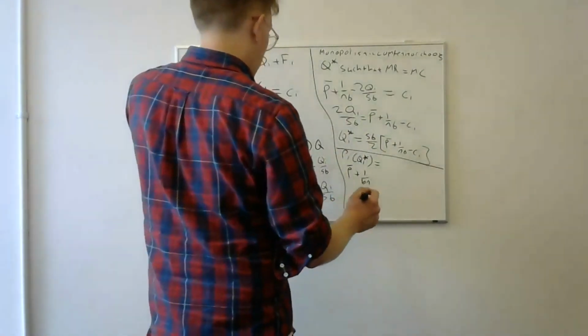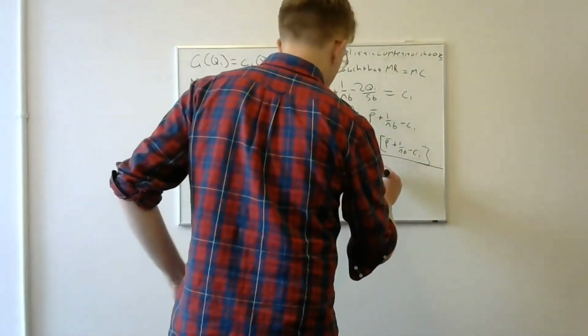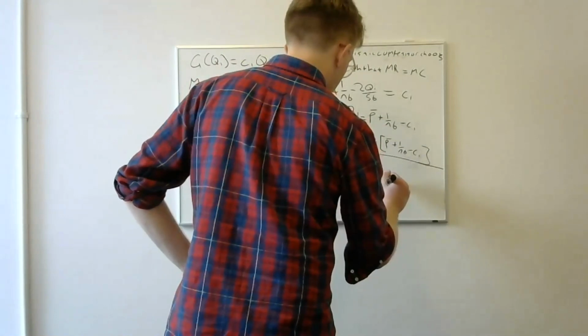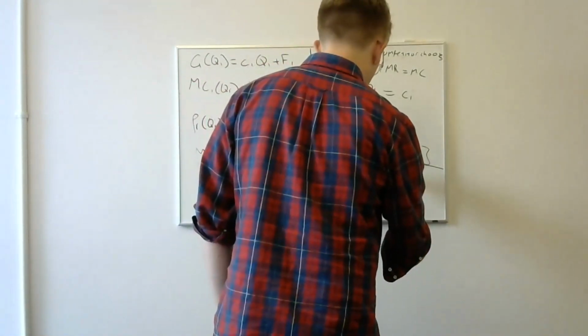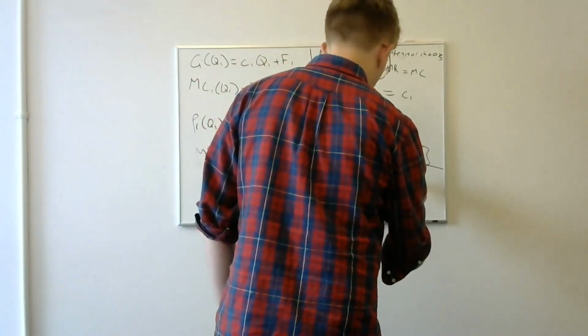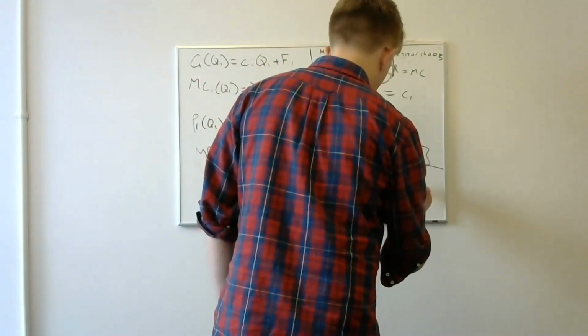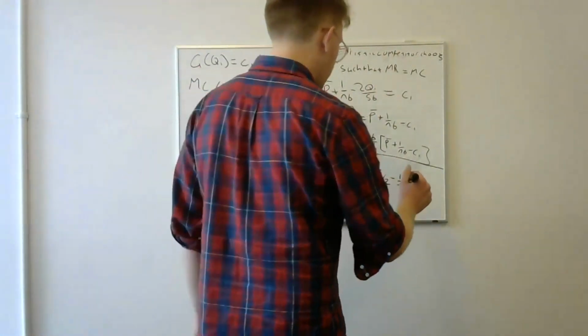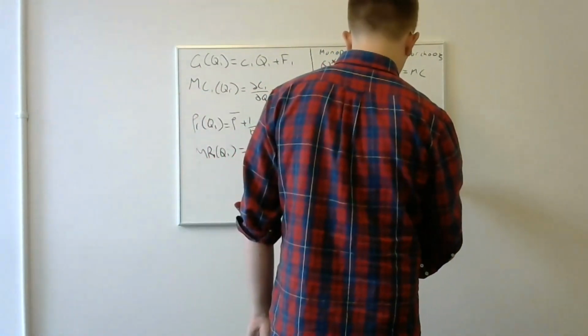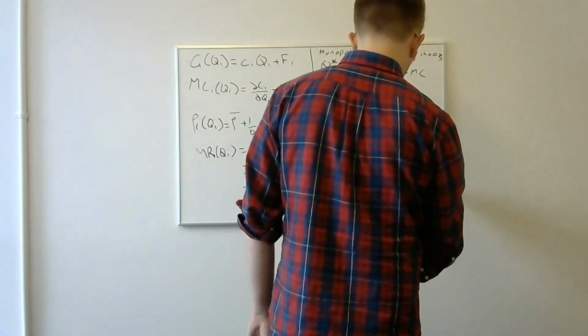And so I'll be left with minus P over 2 minus NB over 2, and then plus C_i over 2.